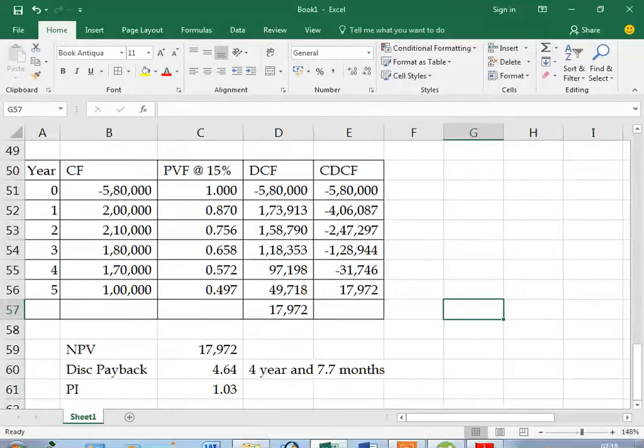Can you proceed? If you're done with this, then I go to the next part.